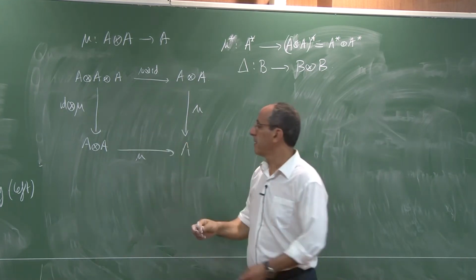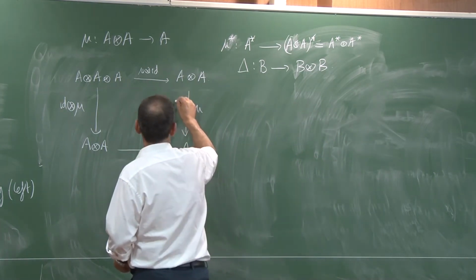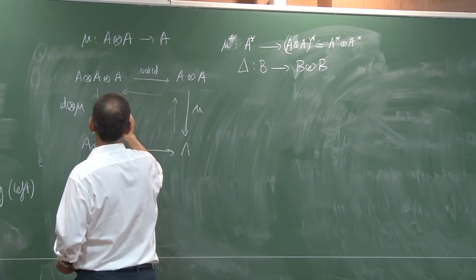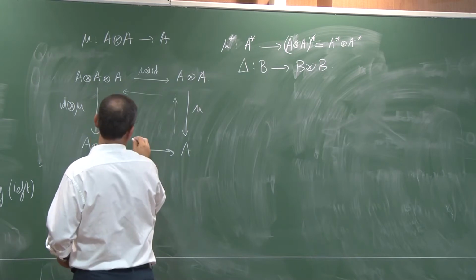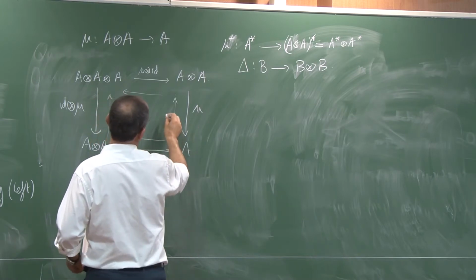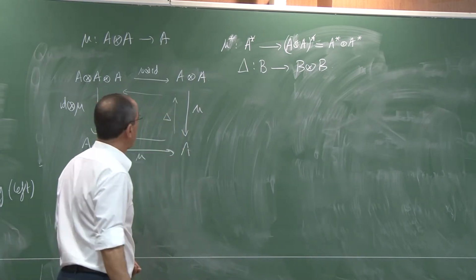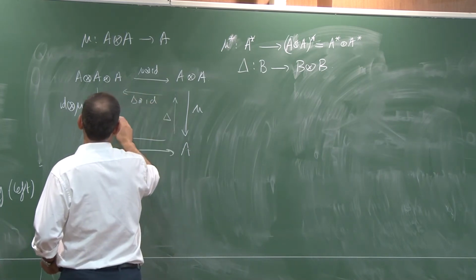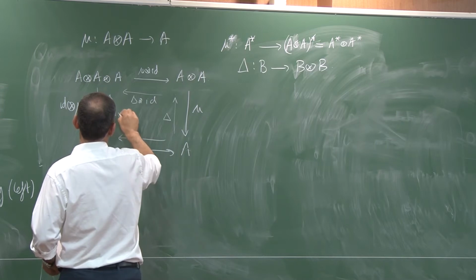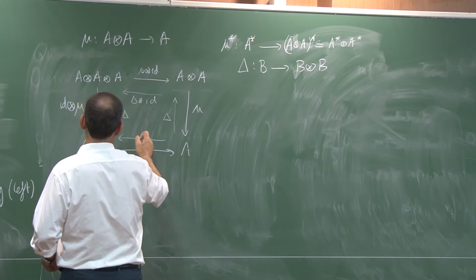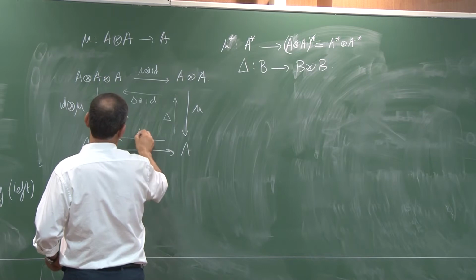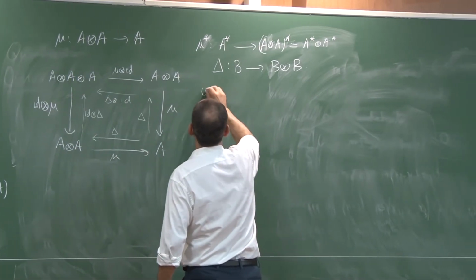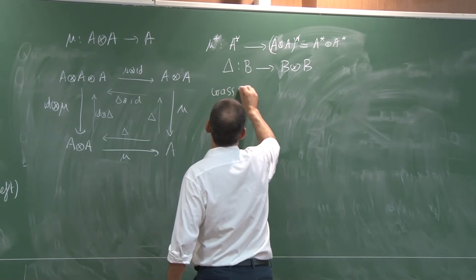Here you replace mu by delta, and here delta tensor the identity, and here identity tensor delta, and here is delta. And then this delta is co-associative, and we use the word co now.